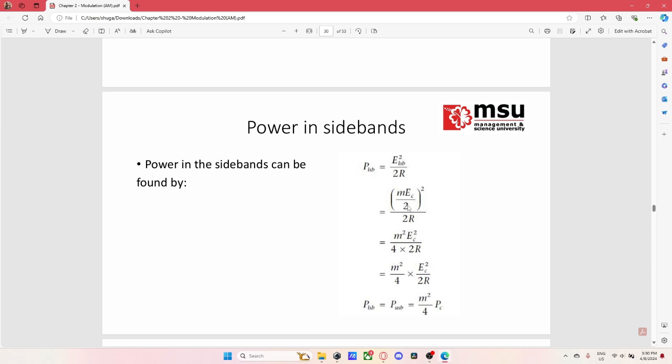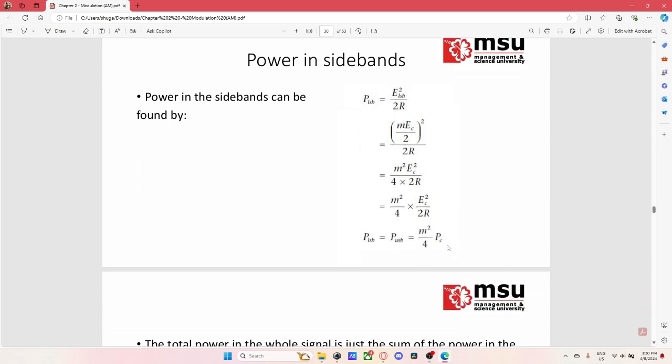It is from here, where 2 squared is equal to 4, brought down and multiplied with the 2R. Then these can be separated: M squared over 4 times EC squared over 2R, and this is the equation for PC.